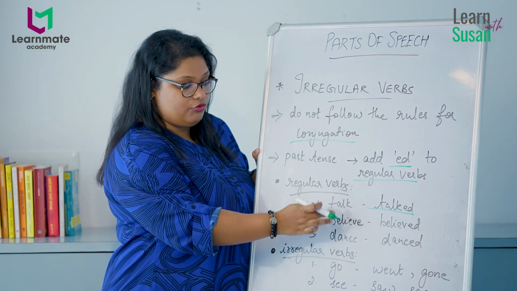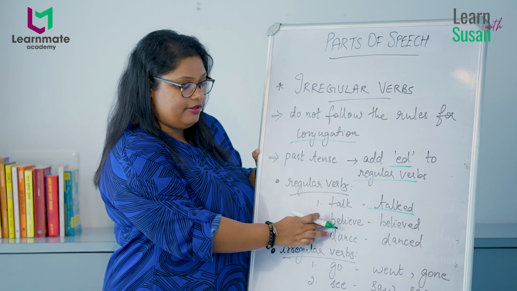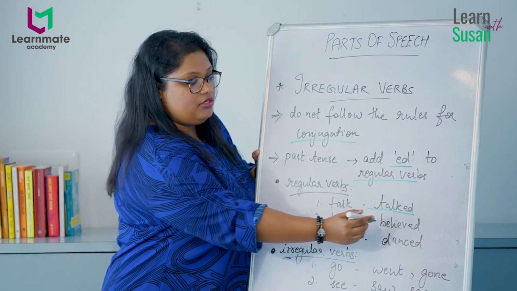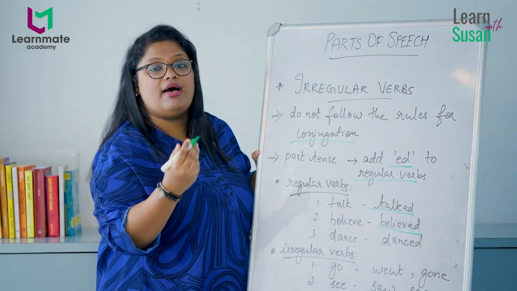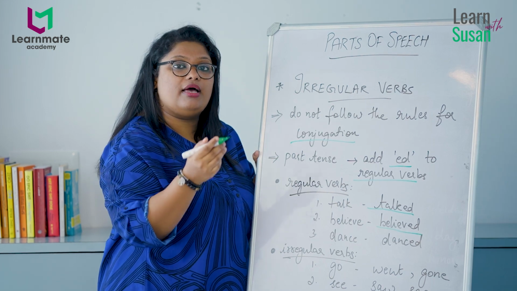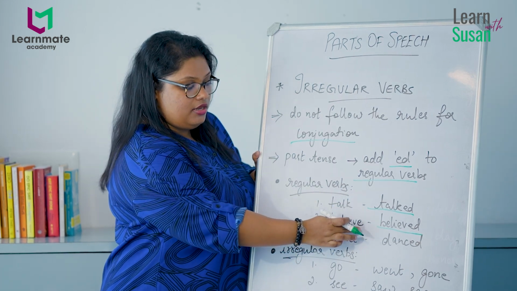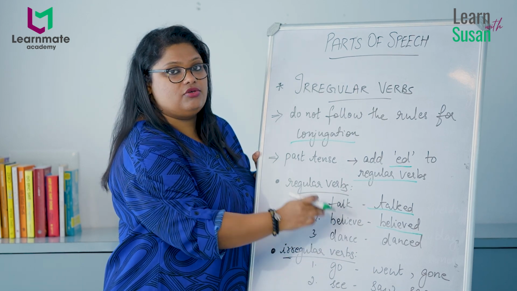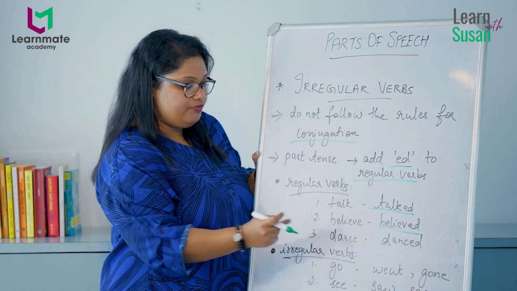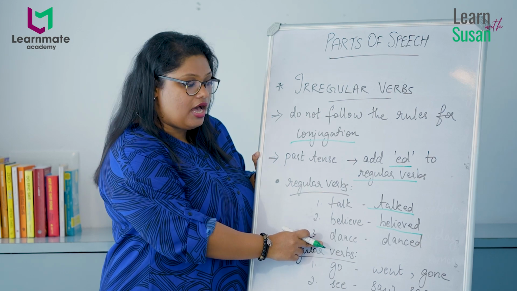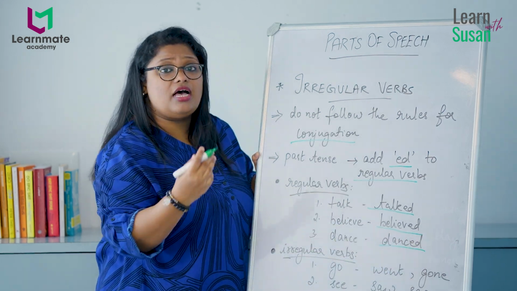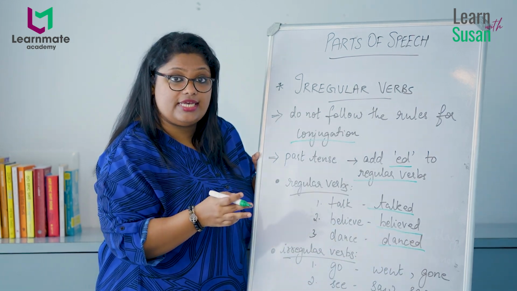The same rule applies for the next verb here, believe. I believed my brother when he told me about his story. So the verb becomes believed. You add ed at the end. Similarly, the last one, dance. She danced beautifully for the concert yesterday.